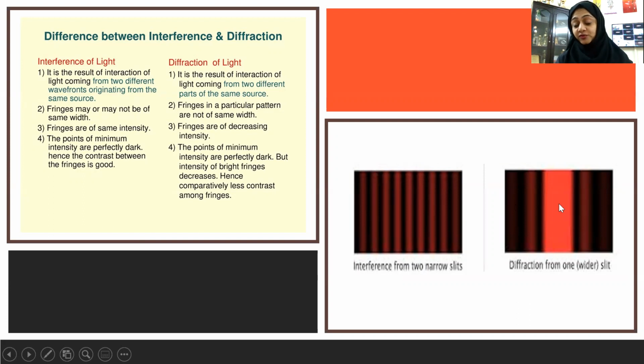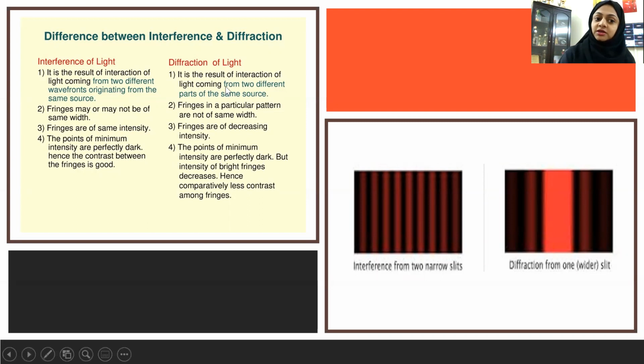No. For the diffraction pattern, there will be a central maximum and nearby intensities will be less. And all these maxima and minima do not have the same width. So the central region is wider, and as you go away from the center, the width reduces.